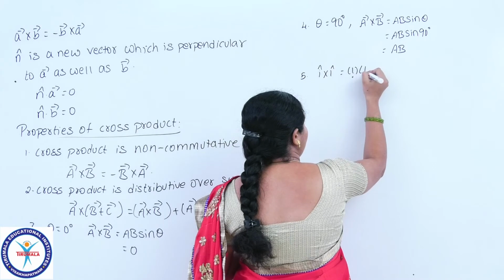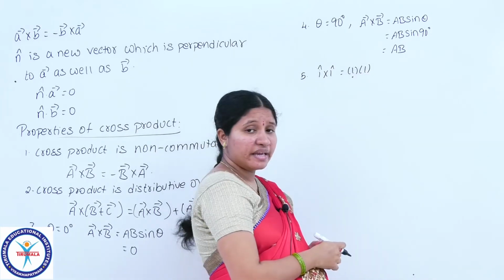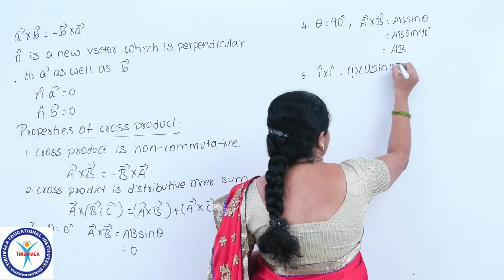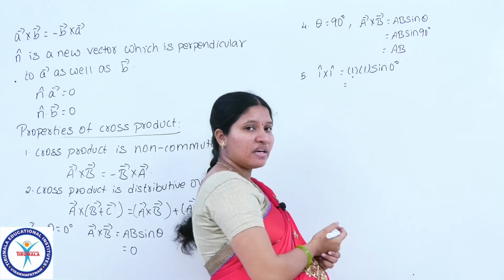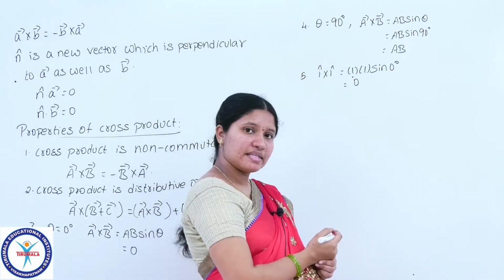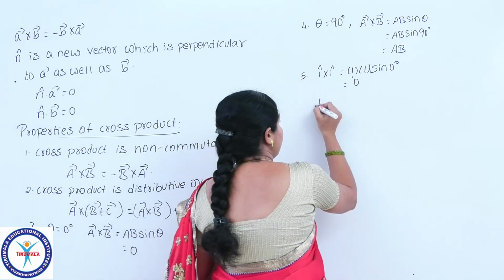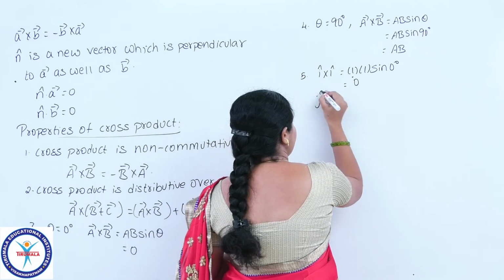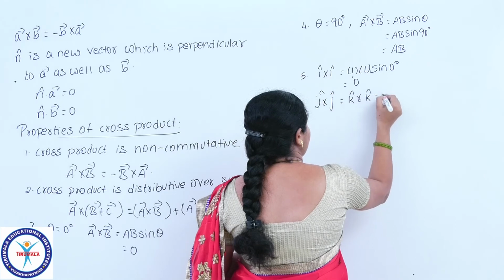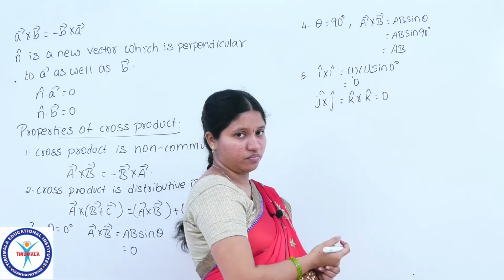So 1 into 1, and what is the angle between the vectors? 0. That is sin 0, and sin 0 value is 0. So we get i cross i as 0. Similarly, j cross j and k cross k is equal to 0.